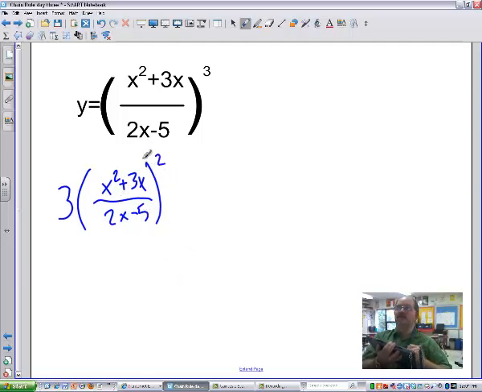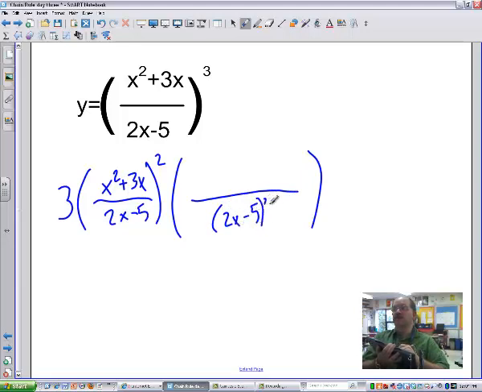Because it's something cubed, so it becomes 3 something squared, and then we're going to have to use the quotient rule to get the other part. So the bottom of the quotient rule, I start with that first because it's easier, and then we just do ho d high minus high d ho. So ho is 2x minus 5. D high is 2x plus 3 minus high x squared plus 3x.